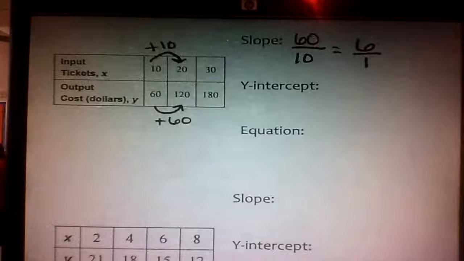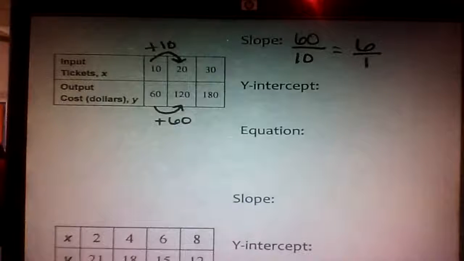So your y-intercept. You can do this one from the table, or you can do it like we did the last one. It's up to you. I personally would do this one from the table. It's pretty easy. If you look at your x's, to go forward we add 10.